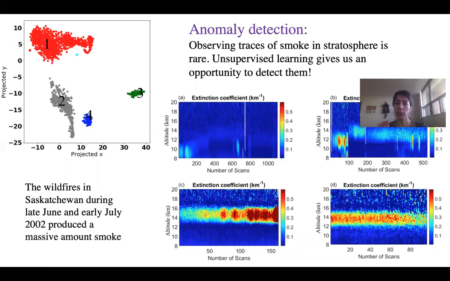We are interested in finding smoke in the stratosphere because these are quite rare events. At the same time, physically, they are quite interesting, and they have impacts on the whole climate.